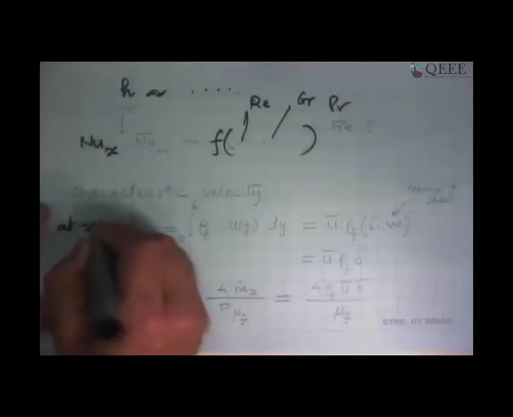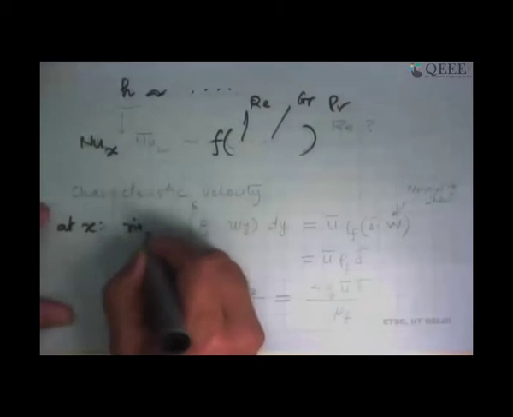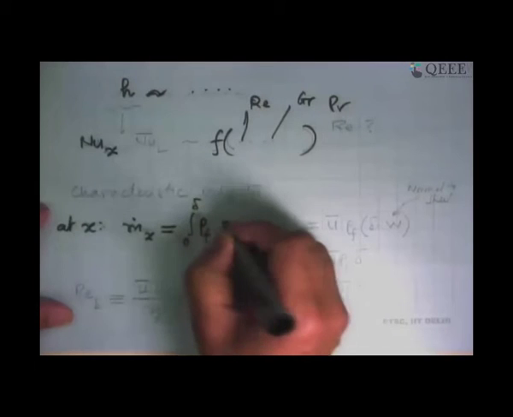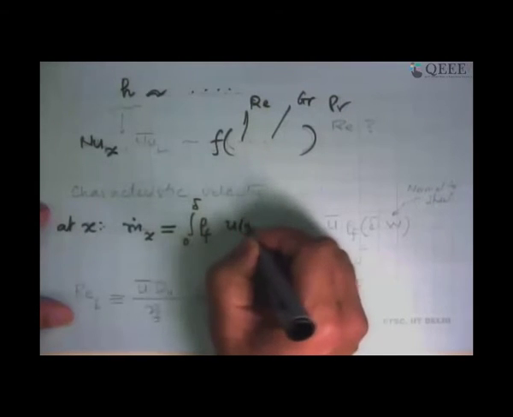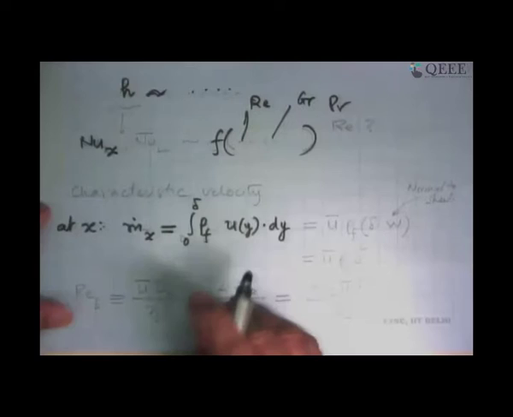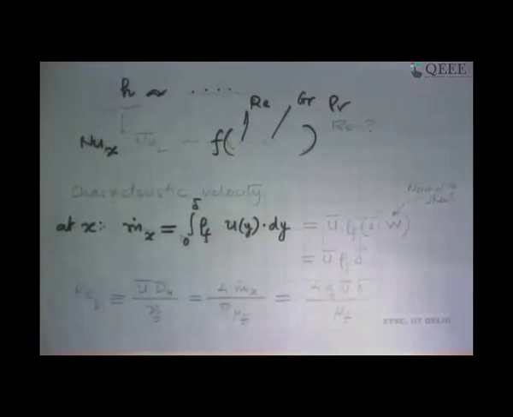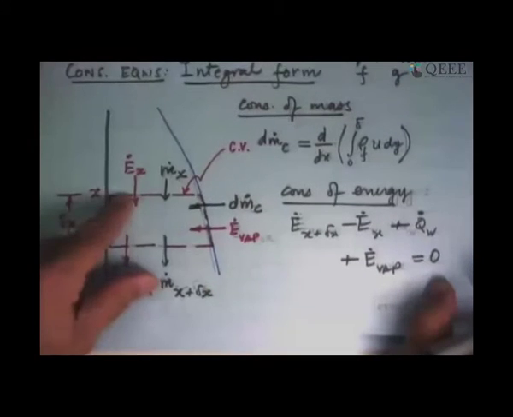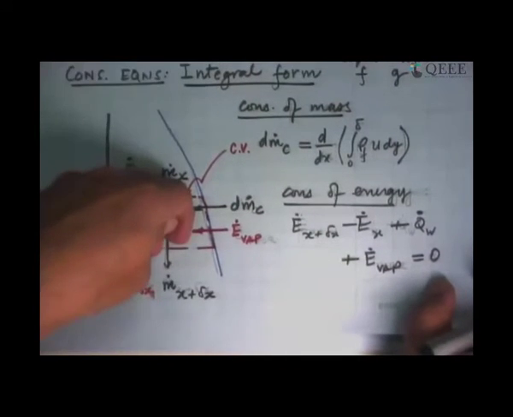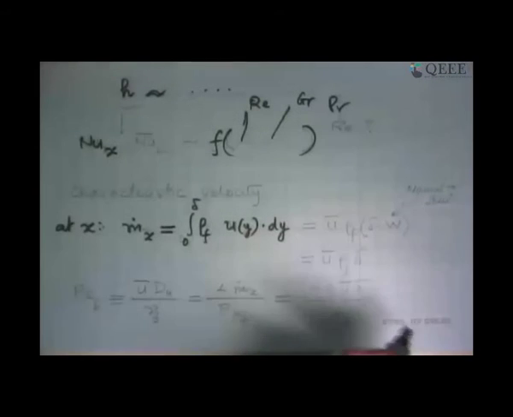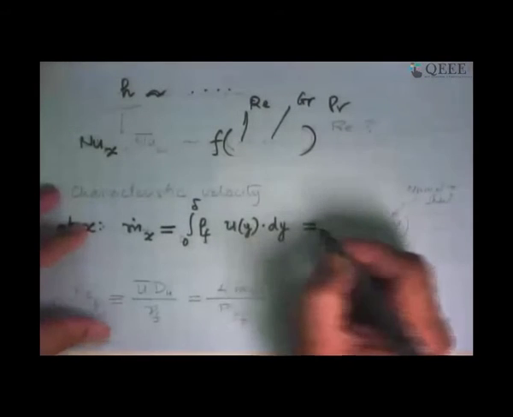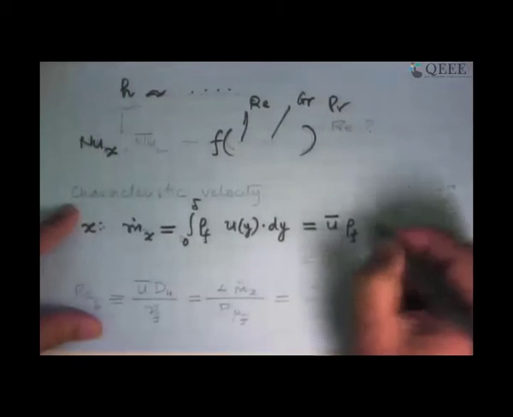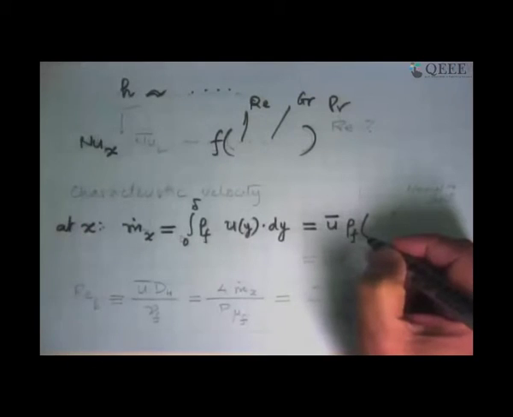And we say at x, m dot x is equal to the integral from 0 to delta of rho f u as a function of y into dy. So that's the mass flow rate that we had written just now, m dot x, because that is all the mass flow rate happening in this element going down. Okay, so this can be written as some representative mean velocity, I call it u bar, multiplied by the density into the area over which it takes place.